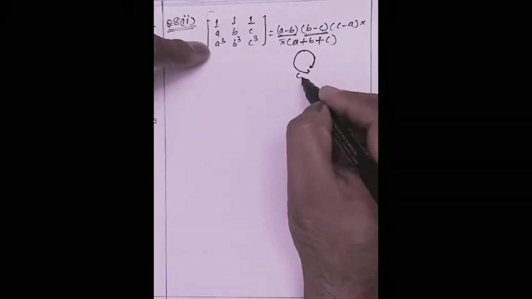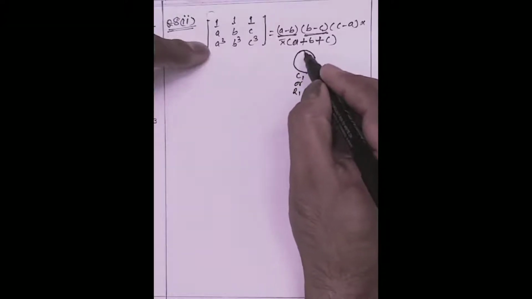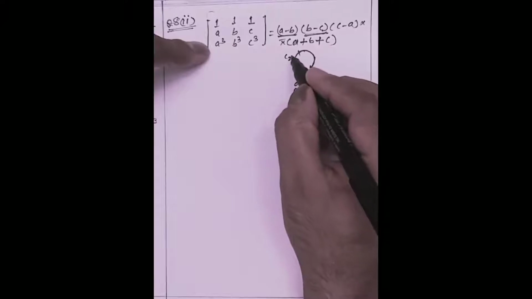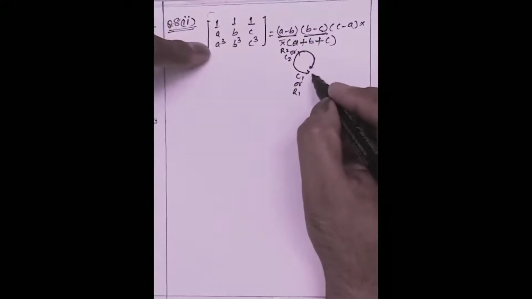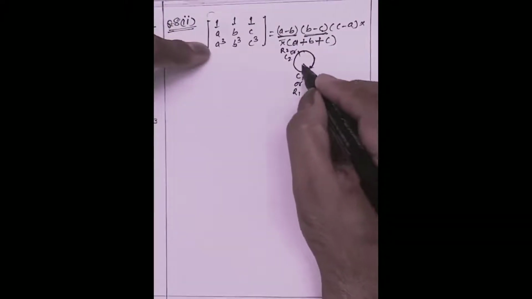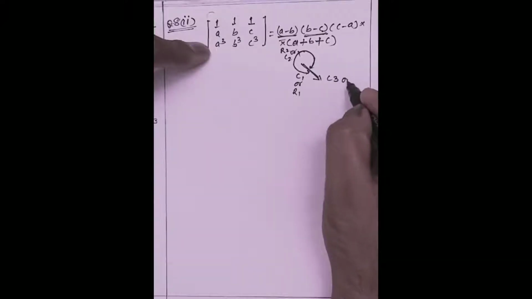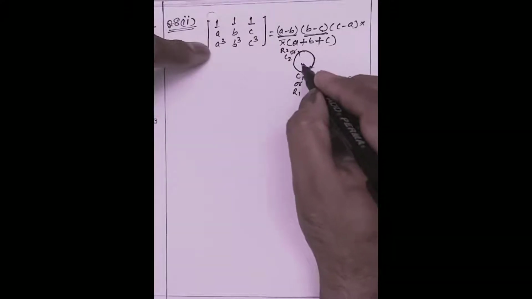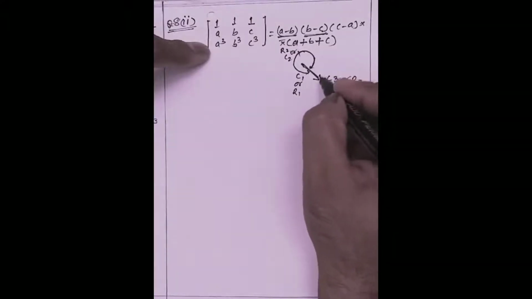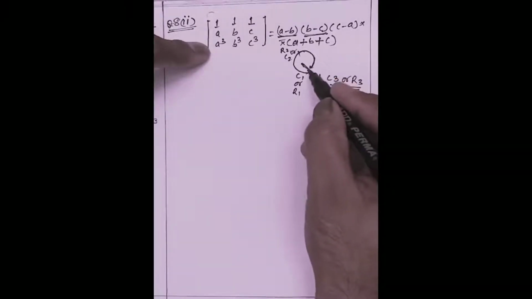Here it is C1, for example, or R1. Here it is C2 or R2, and here suppose you cannot join. Here suppose we have C3 or R3, so at this joint lies C3 or R3. Just imagine, if you join this loop, this becomes a circular motion.